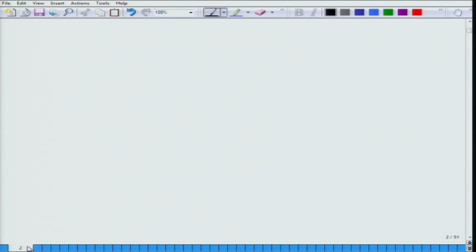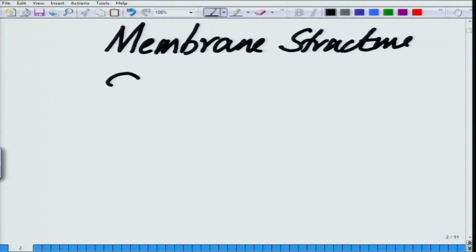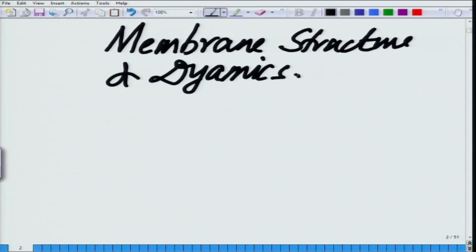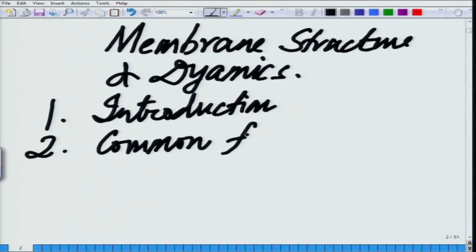Under membrane structure and dynamics, we will be covering the introduction to the membrane. That will be our first topic, which I will be covering in this lecture. The second thing is the common characteristics or common features among membranes of different species.